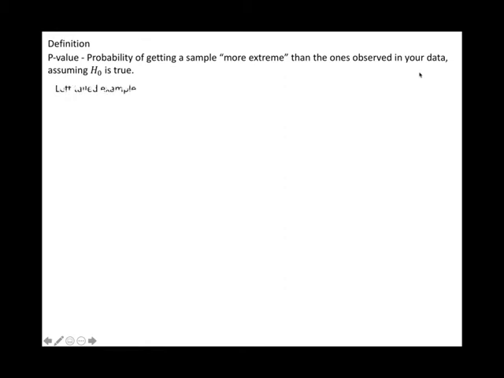So let's look at the left-hand example here. Right now, forget about the level of significance, reject or fail to reject. Let me focus on the p-value. What is the p-value? We talk about the test statistic, right? We have the test statistic z here, and it represents your sample data.